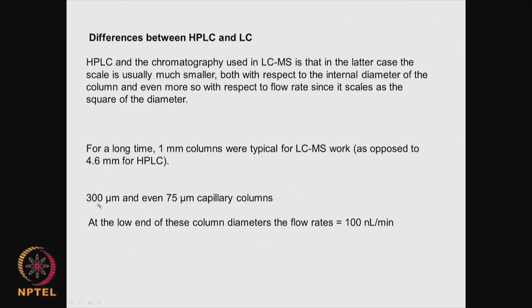And of course we can also have capillary columns, which is of 300 micrometer or 75 micrometer capillary columns, and the flow rate in LC could be even 100 nanoliter. So the flow rates in a liquid chromatograph can be very, very low, whereas in HPLC the flow rates are much higher and the column diameter is also much higher. So we will not spend too much time on that.